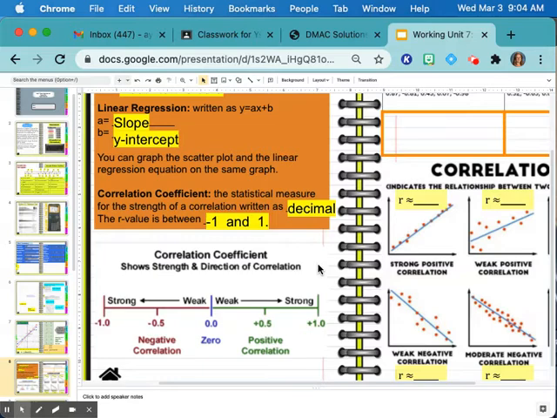So the closer your correlation coefficient R is to -1 or +1, the stronger the correlation.